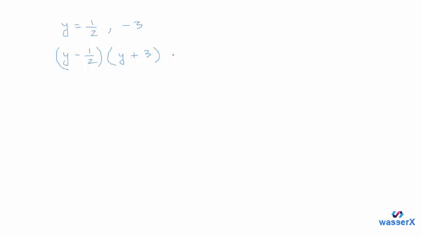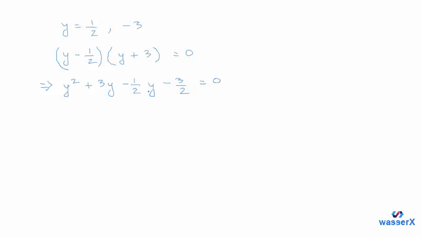They would multiply to give you a 0. Let's open them up. y times y is y squared. y times positive 3 is plus 3y. y times negative 1/2 is negative 1/2 y. And negative 1/2 times positive 3 is negative 3/2 is equal to 0.